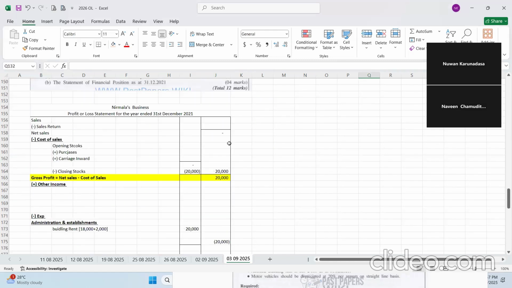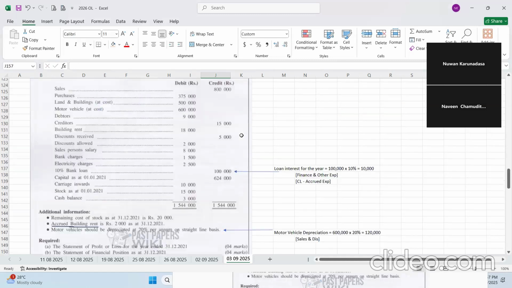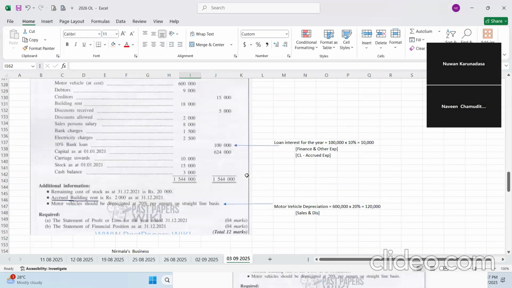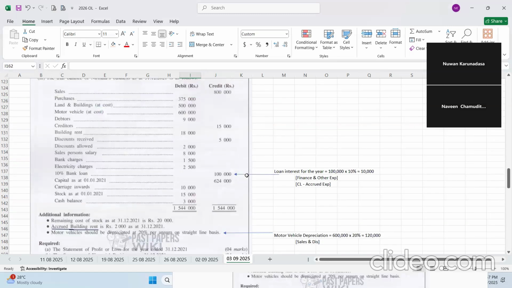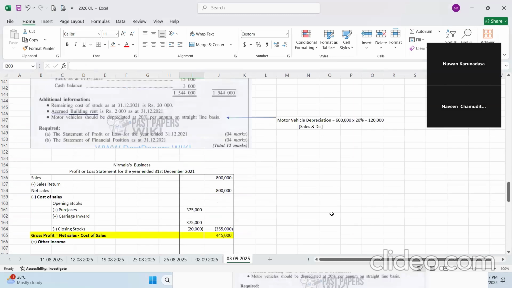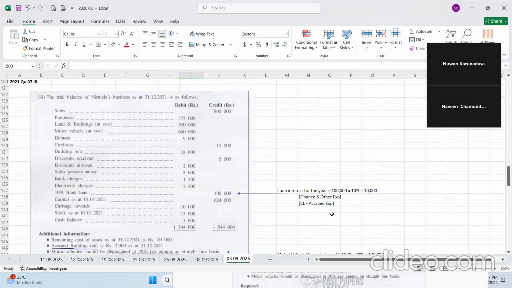Sales 800,000, it's to here, income statement. Purchases 375,000, it's here. Then land and building 500,000, it's here. Land and building 500,000. Then what else? Motor vehicles done.